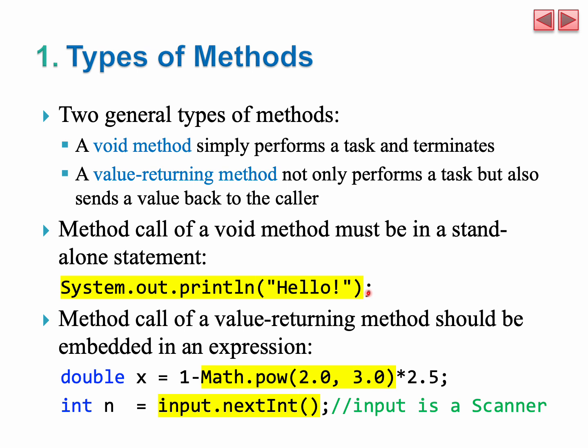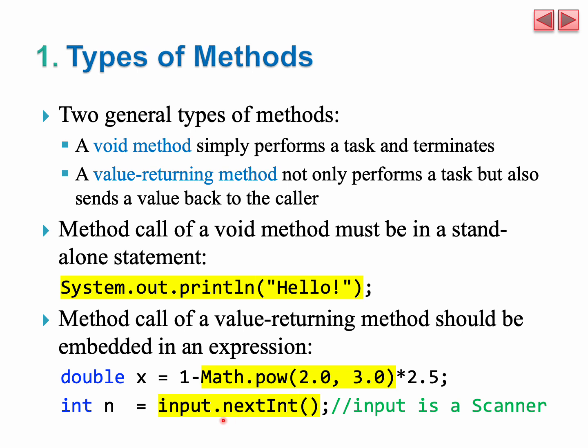For a value returning method, a method call should be embedded in an expression because the method call itself is an expression. For example, the method call to the pow method of the Math class can be embedded in any expression that accepts a double value because this method returns a double value.